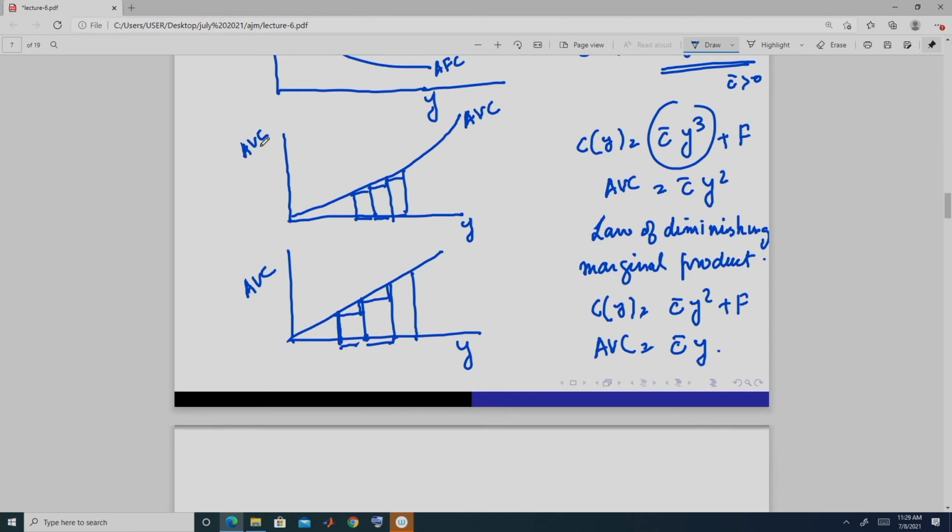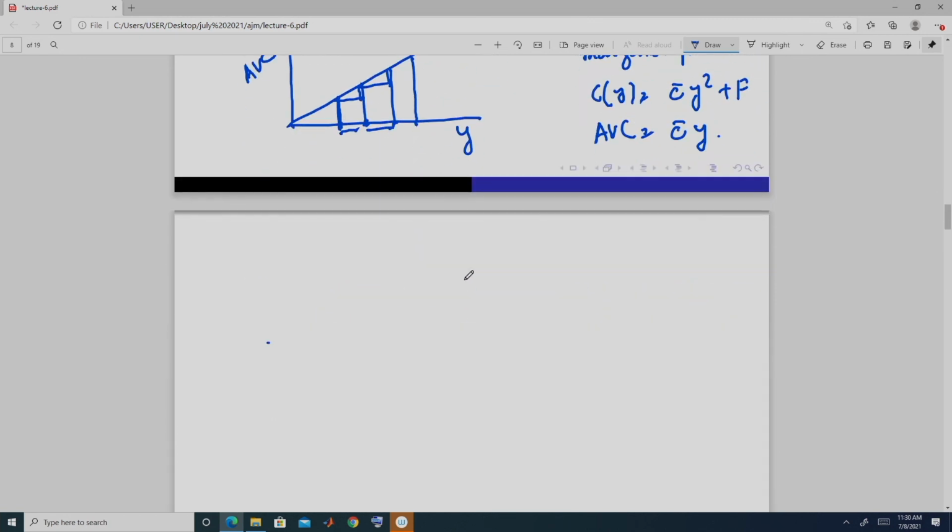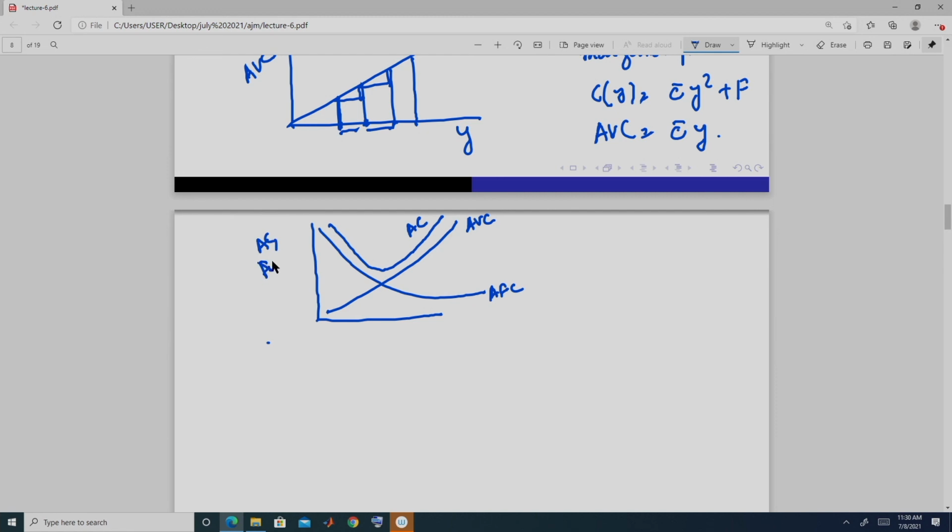Now, if we have average variable cost of this nature, which is always upward sloping, then the average cost is going to be of this nature. Average variable cost is suppose this, we know average fixed cost is always this. So, the average cost is of this nature, because average cost is the sum of average variable cost plus average fixed cost.